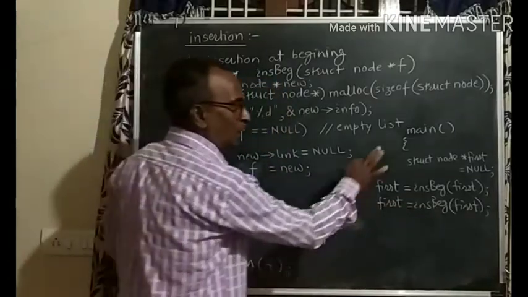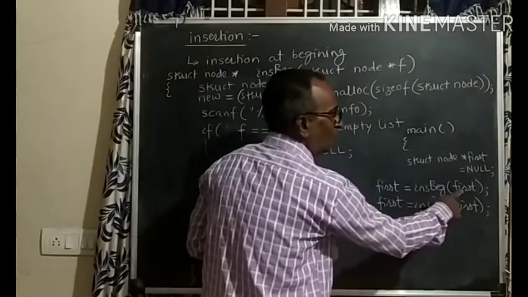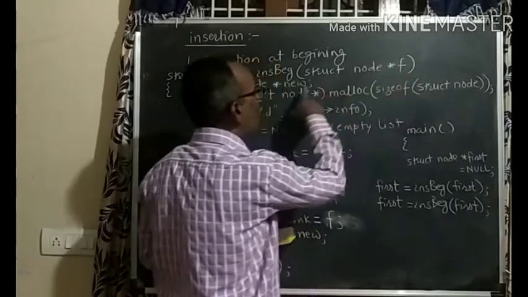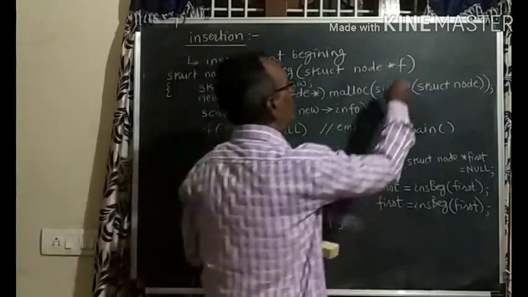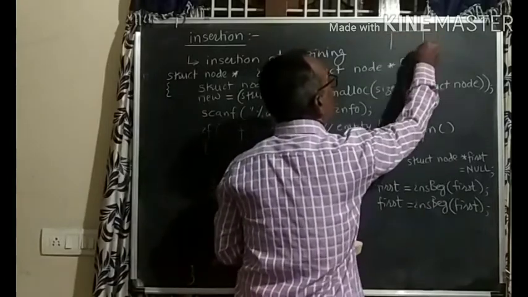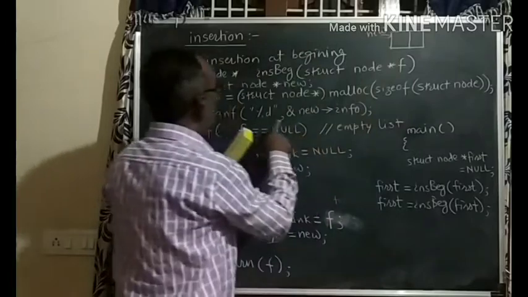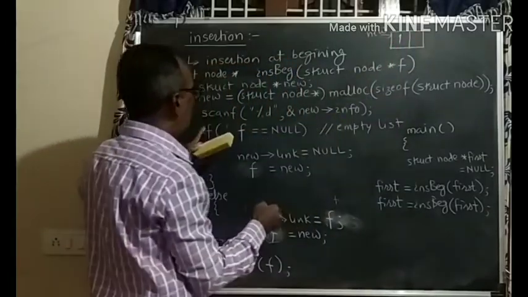So what is happening in this case? First is null. Whenever the first call, control goes here, this will be null. A new node is created. This is new. You are reading one value into this.